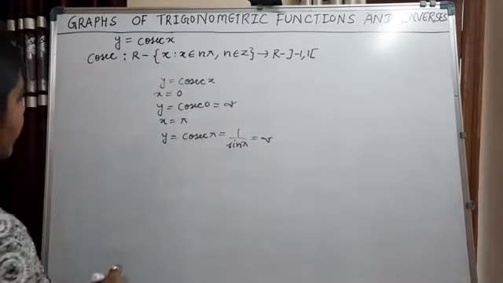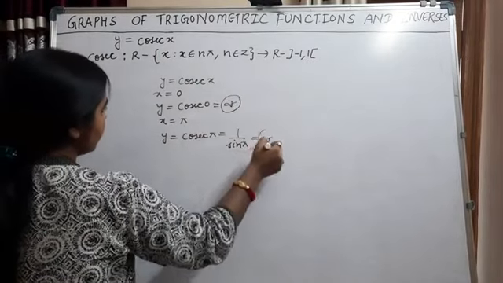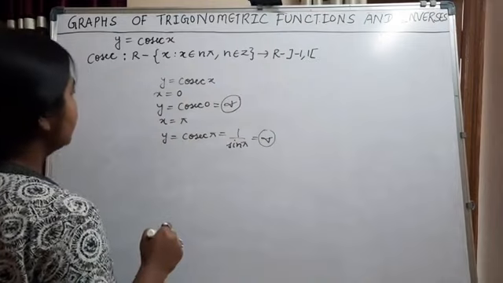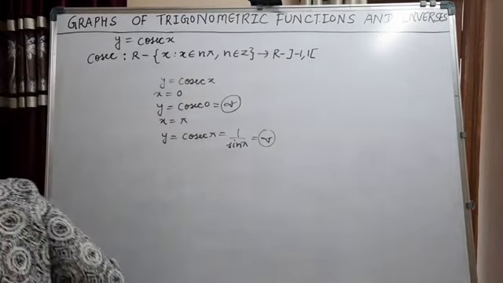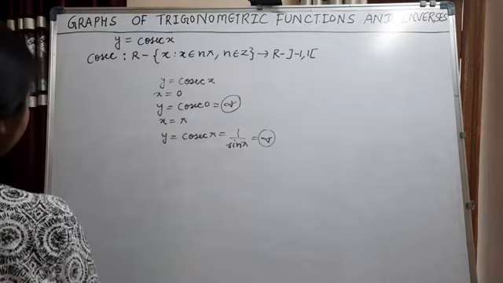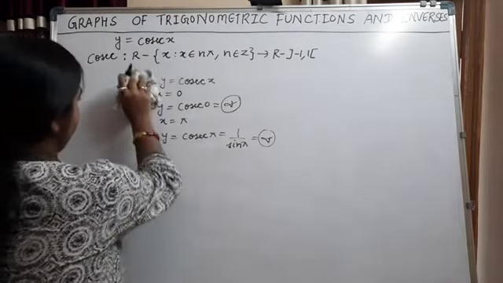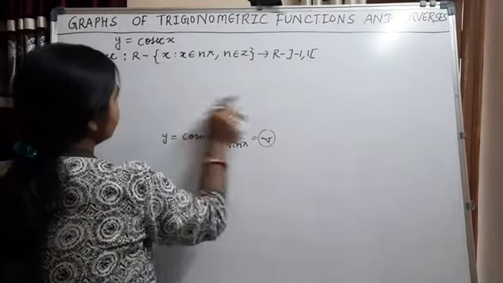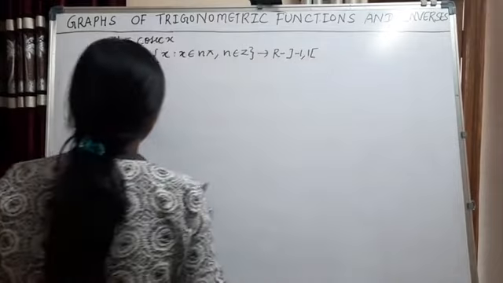So whenever we take a multiple of pi, we always get infinity. Because of that we do not include these multiples of pi. So the domain is all real numbers except n pi, and the range is all real numbers minus the open interval minus 1 to 1.